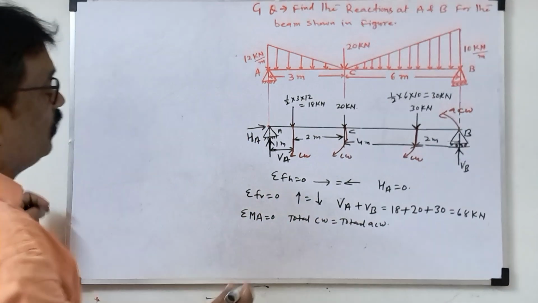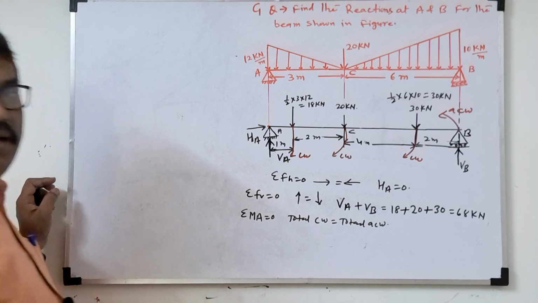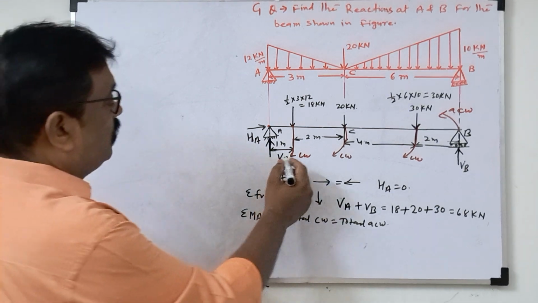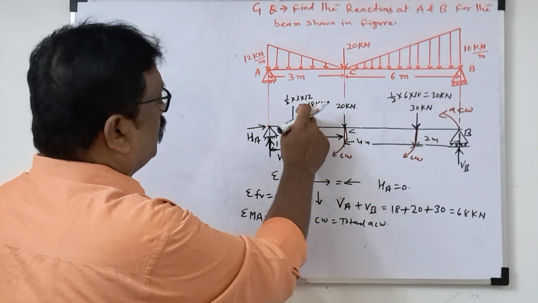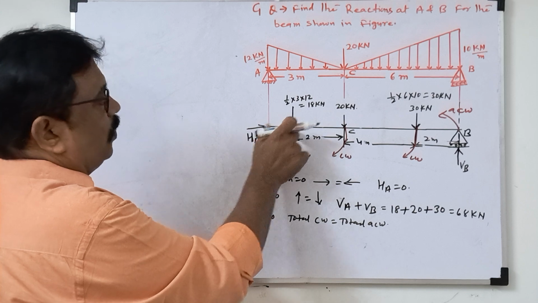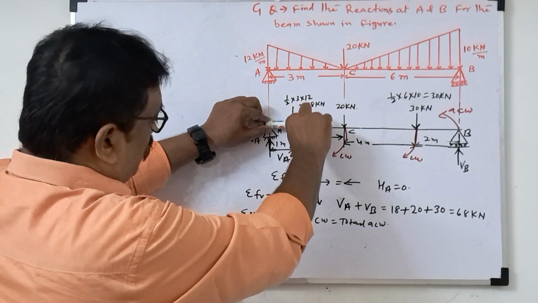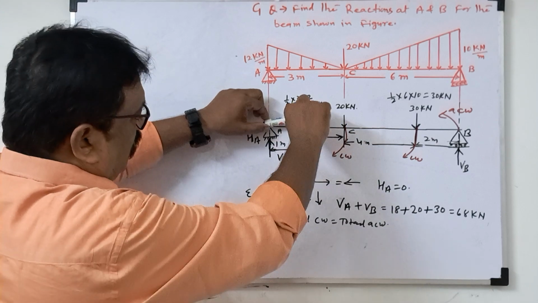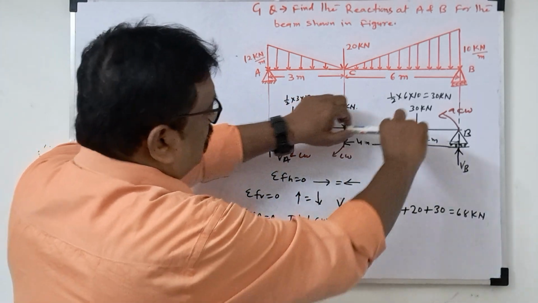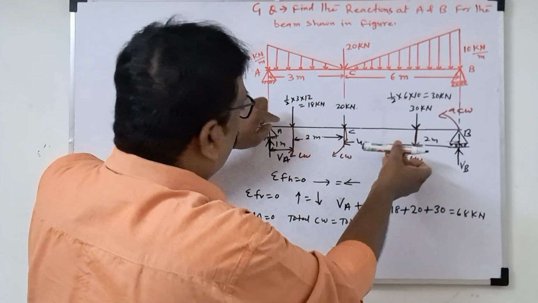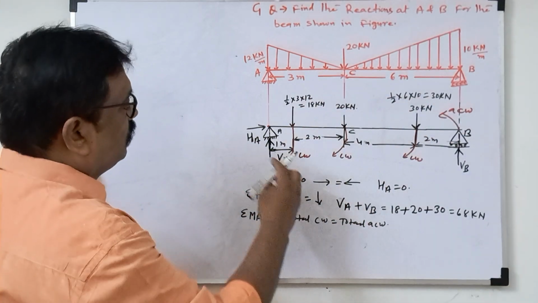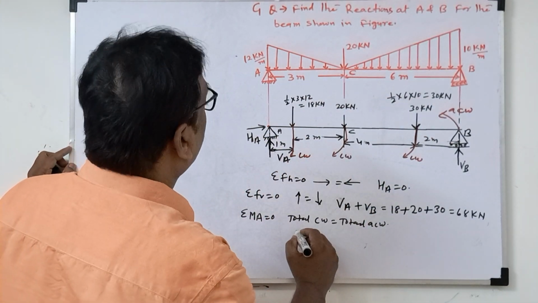So total clockwise is equal to total anti-clockwise. Moment is force into perpendicular distance. See, this point is fixed, these rotate clockwise, and due to VB it rotates anti-clockwise.